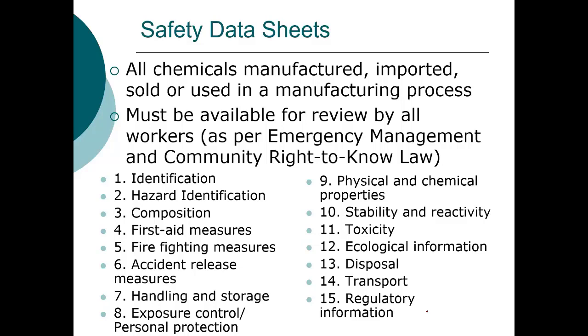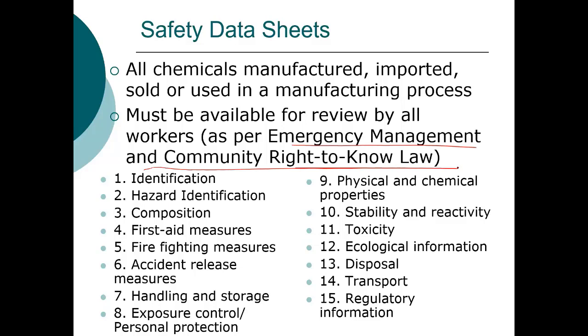So all chemicals that are manufactured, imported, sold, or used in any manufacturing process in the US must have a safety data sheet, and that safety data sheet must be available for all workers. And this is under what is referred to as the Emergency Planning and Community Right to Know law. And this pertains to anything.